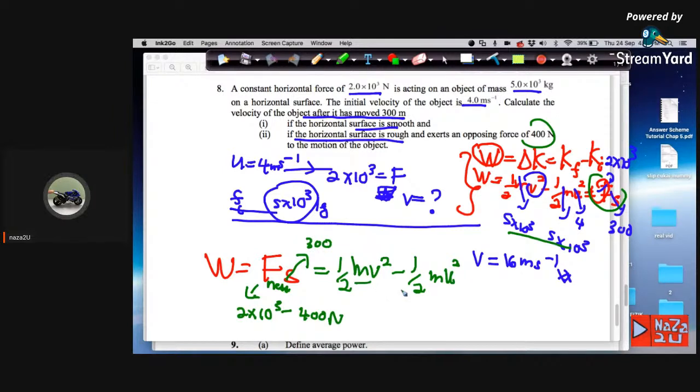Yang ni tak berubah, sama seperti yang kita buat tadi. So kamu boleh kira lah kat sini nanti untuk cari V yang kedua ni. So V ni kita boleh carilah untuk soalan yang kedua. Okay, nanti kamu kira dulu lah, saya rasa bolehlah dapat jawapan itu.